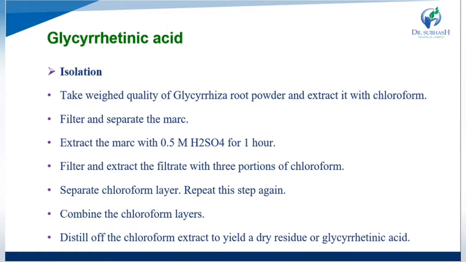Then combine the chloroform layers and distill the chloroform extract to yield the dry residue of glycyrrhizinic acid. So we get the crude drug of Glycyrrhiza glabra containing glycyrrhizinic acid.